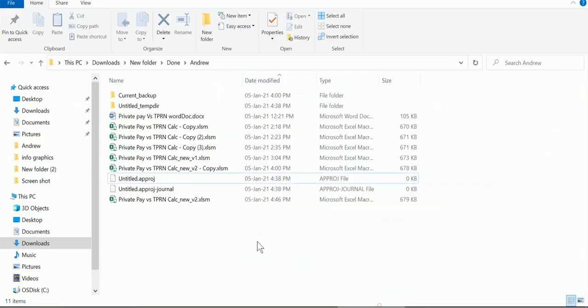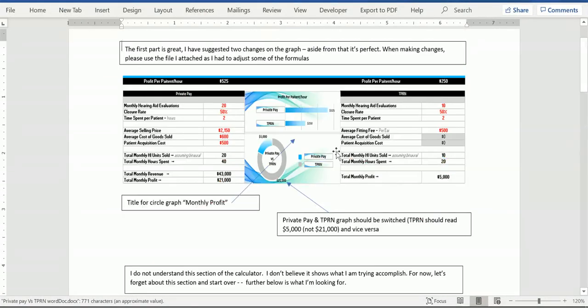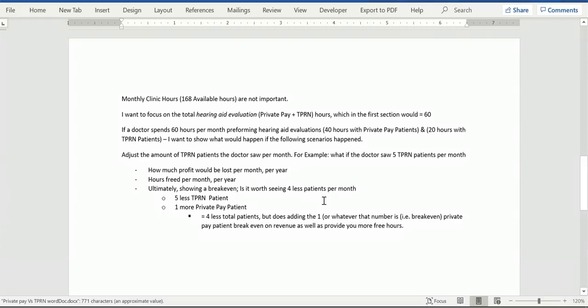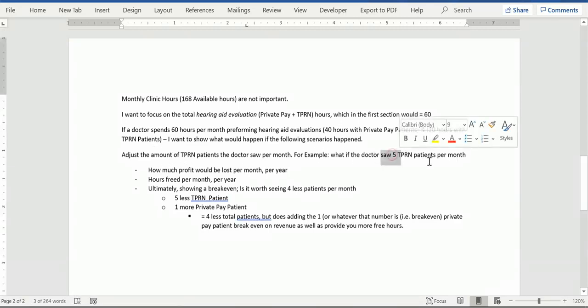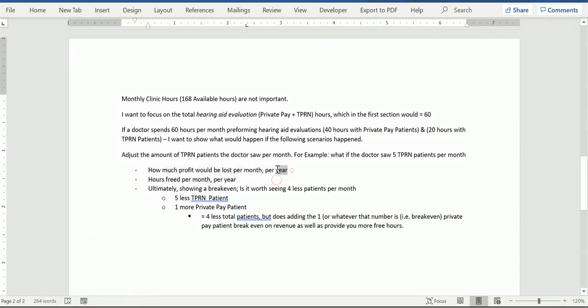I'll go back to your question that you asked in here. The first part is updated. Second thing you mentioned, for example if five TPR instead, that's done. For these two things, obviously we are doing it only on a month on month basis. You'll have to capture that on a month basis, then calculate it per year.